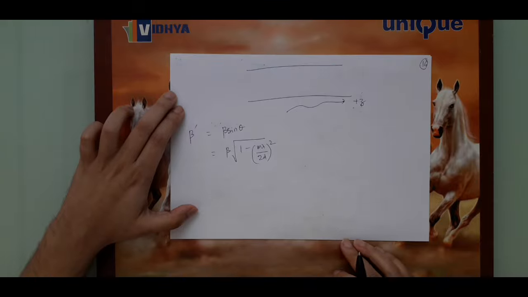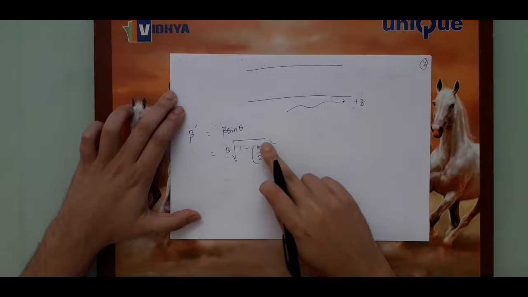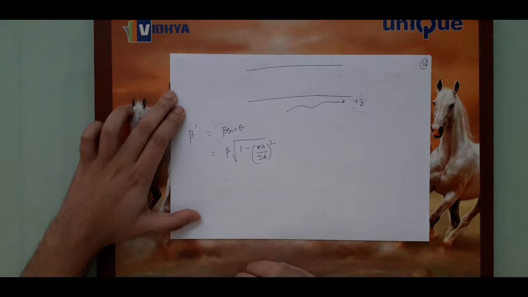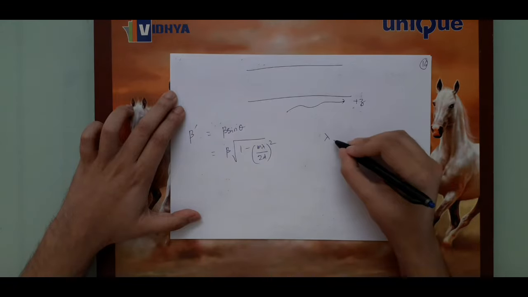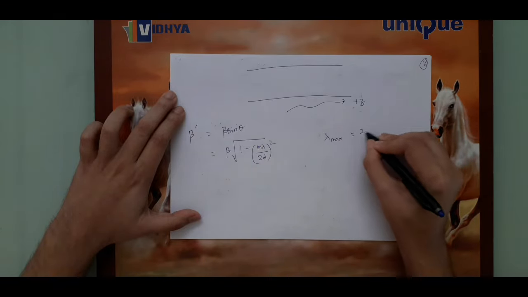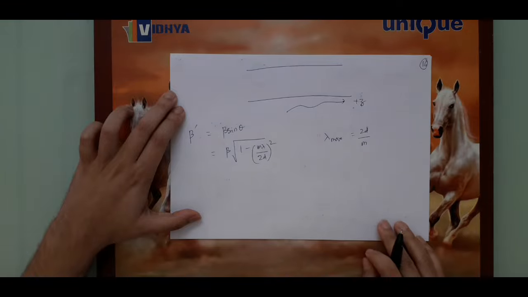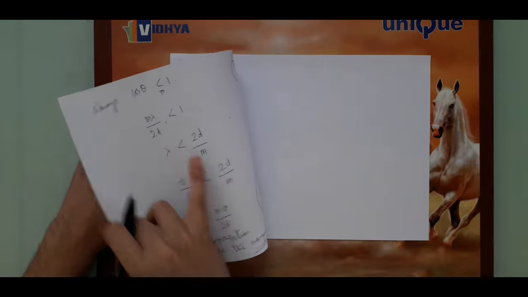So what we can say is that, we had said that lambda maximum is 2d by m. In the previous page we had said this, lambda should be less than 2d by m.